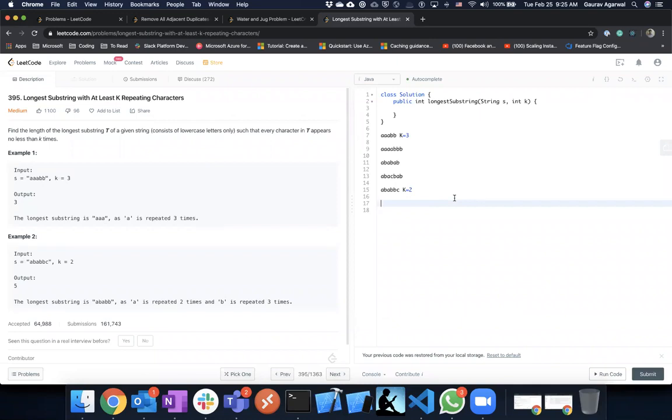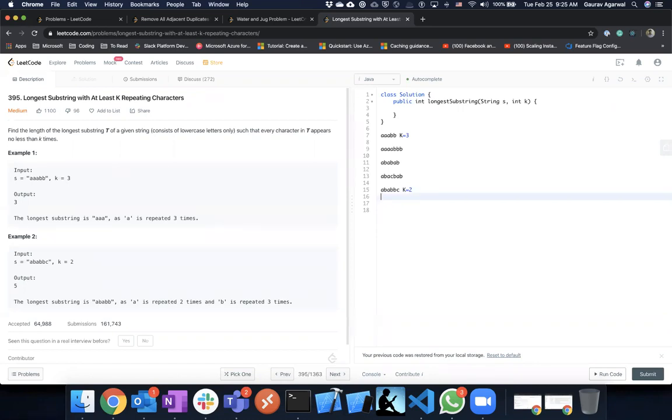Yes, which is correct. Given this example with k equal to 2, we know we need a string of at least size 2.